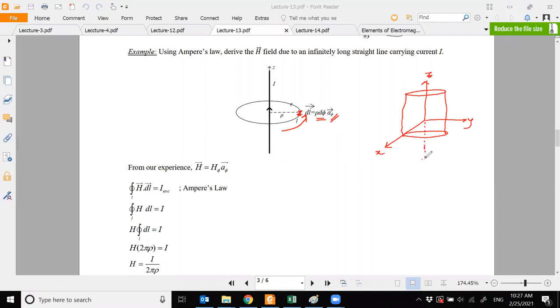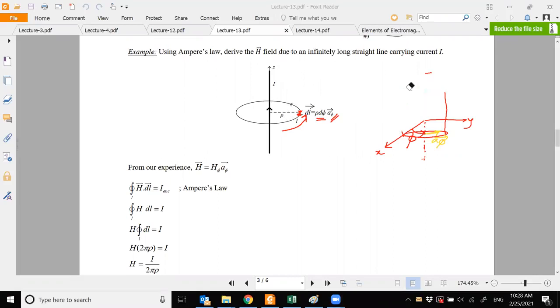How is the phi plane defined in cylindrical coordinates? By the angle, yes. Angle with respect to which axis? With respect to the x axis. Yes, right. So this is your phi, and this direction is your unit vector a phi. So that's why this is a phi. Thank you very much, Abdul Majid.